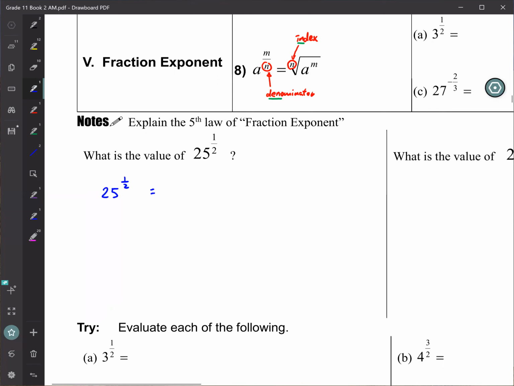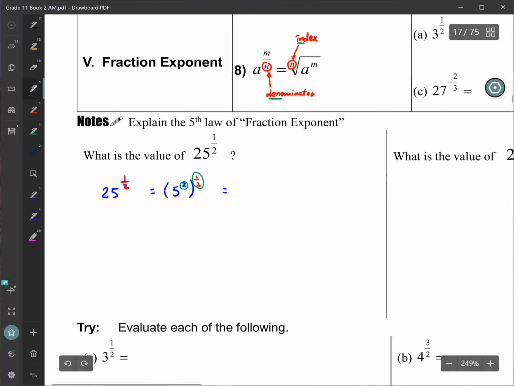So 25, I can write it as 5 squared, and the outside is still half. I'll use a different color. Any questions so far? I'm just rewriting the 25 as 5 squared. Nothing has changed. Then because of our third law, when you have exponents next to each other, the 2 and the half, they're both exponents, then we can multiply the exponents together.